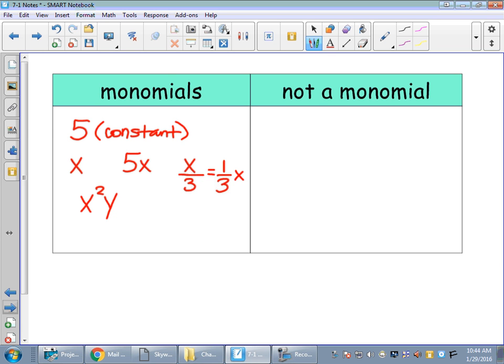So what's not a monomial? If you're adding these things. That's the addition of two monomials. x is a monomial, 5 is a monomial, but that's the sum of monomials. The difference of two monomials is not a monomial.